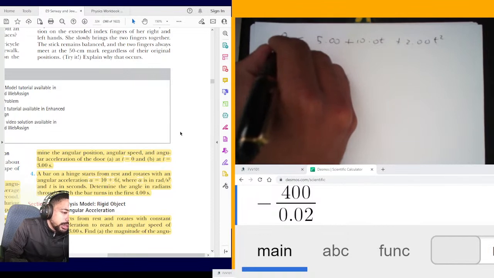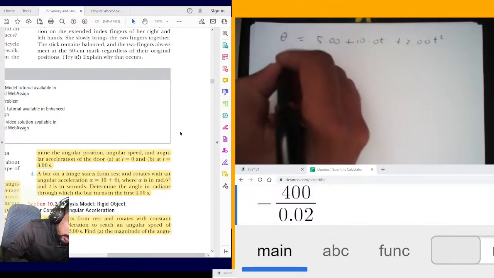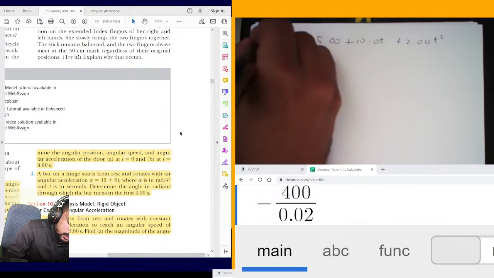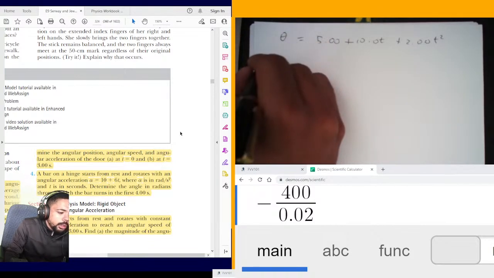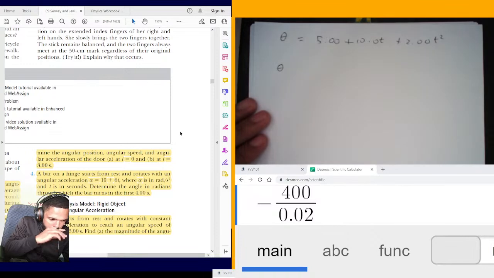We are given the angular position, theta equals 5 plus 10t plus 2t squared. Let's first get all the formulas, and then we can calculate them for those seconds.